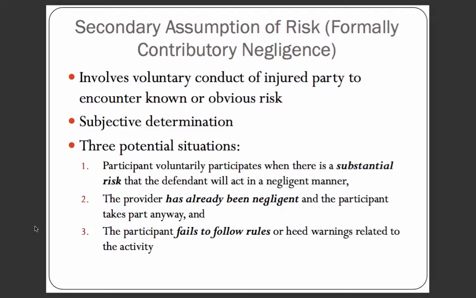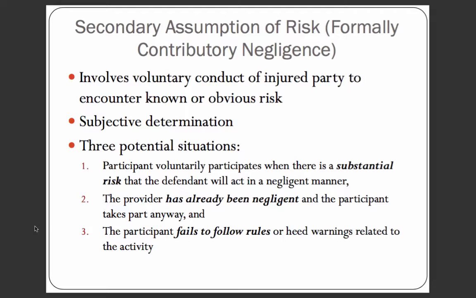So the participant voluntarily participates when there's a substantial risk that he or she will act in a negligent manner, and although the provider has already been negligent, the participant chooses to go ahead and take part anyway. So the participant fails to follow the rules or heed the warnings related to the activity. So these are three potential situations.